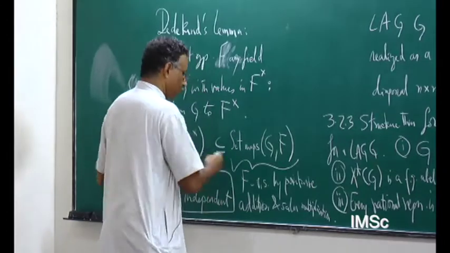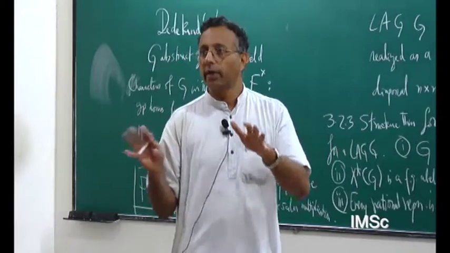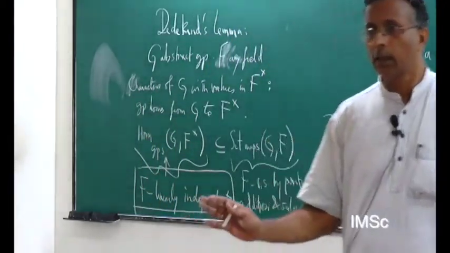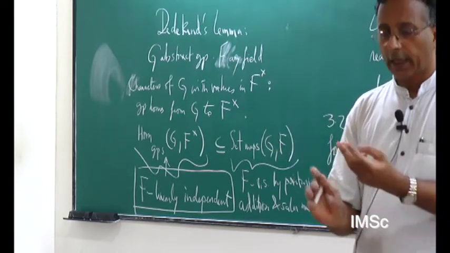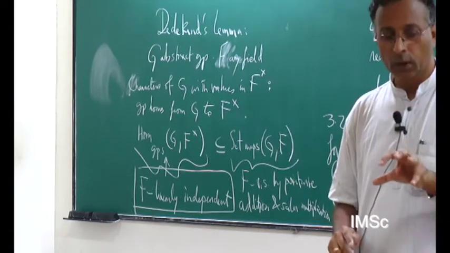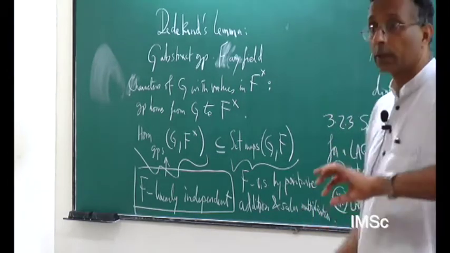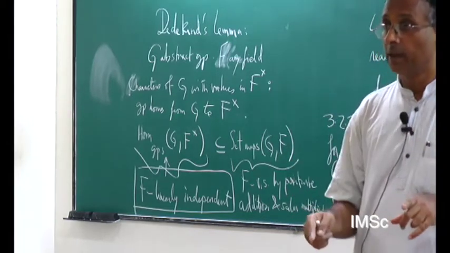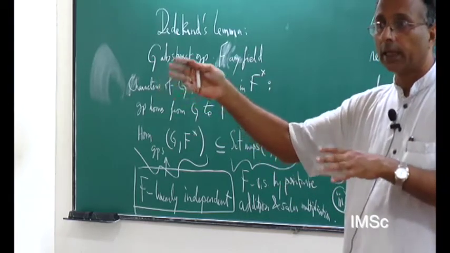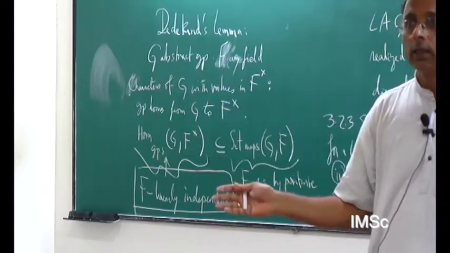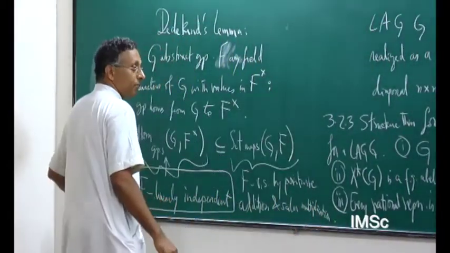So as a subset of this vector space, finite or infinite, it doesn't matter, it is linearly independent. What does this mean? You take any finite number of them, and if you take a linear combination of those elements with coefficients from F, and you write a1 chi1 plus a2 chi2 plus dot dot dot an chi n equal to 0, then all the ai must be 0. This is what it means.